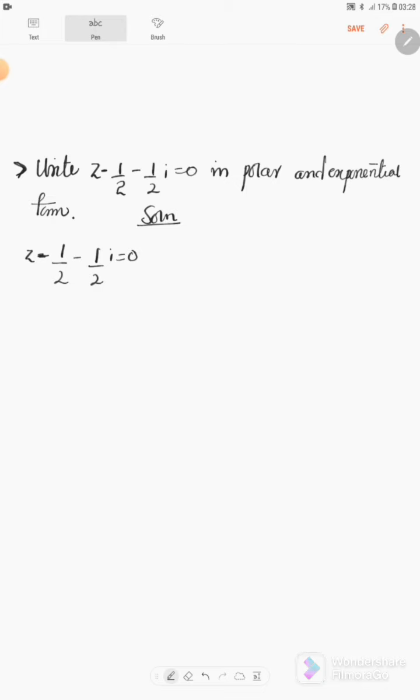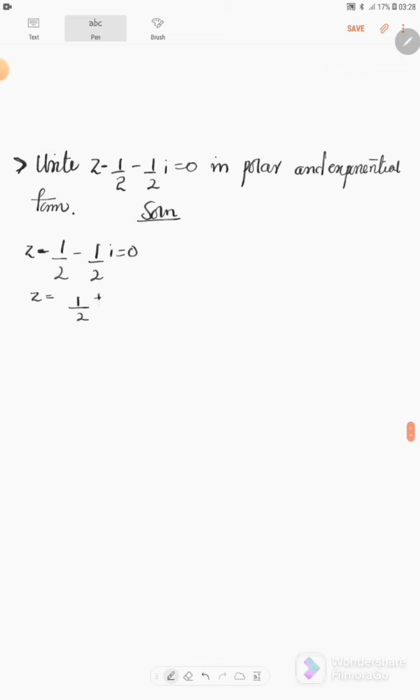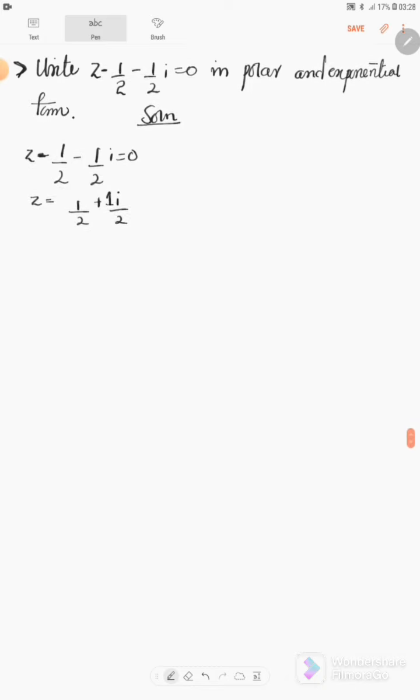Z minus 1 over 2 minus 1 over 2i equals 0. Making z the subject, that gives z equals 1 over 2 plus i over 2, or 1i over 2. So what's the difference? There's no difference though. Okay, let me just clean. I need space because I don't want to leave the question behind when solving. Okay, that gives us z equals 1 over 2 plus 1 over 2i.